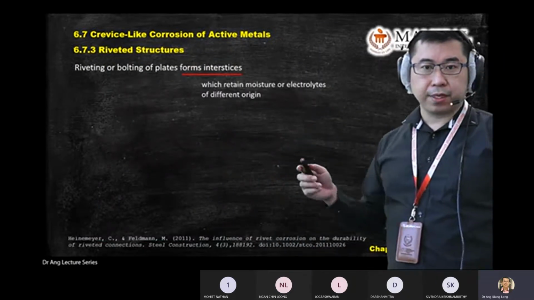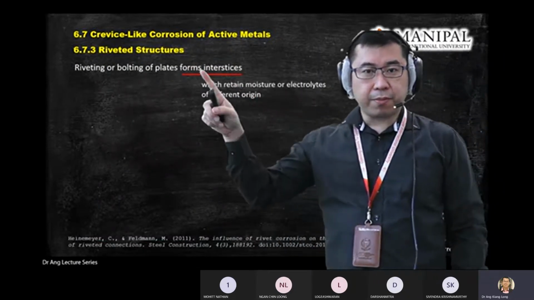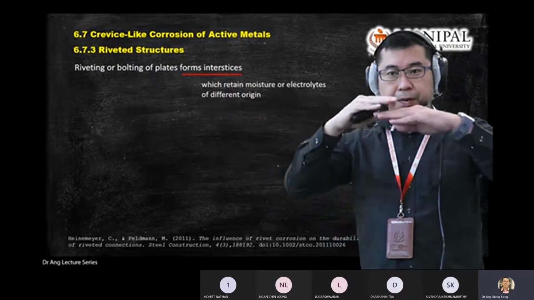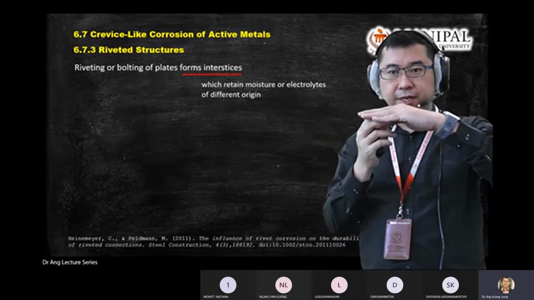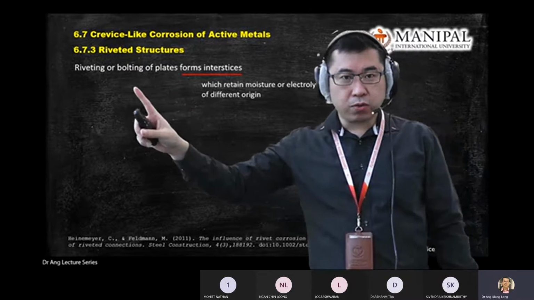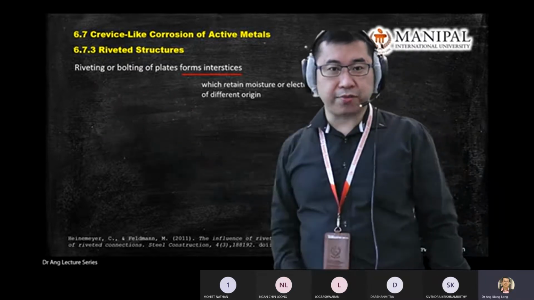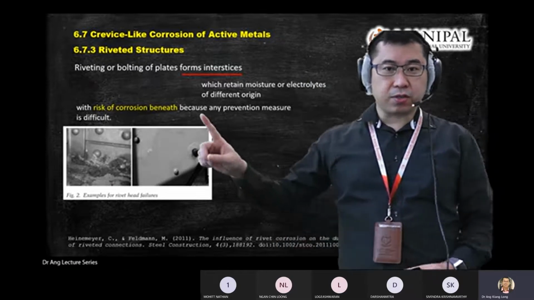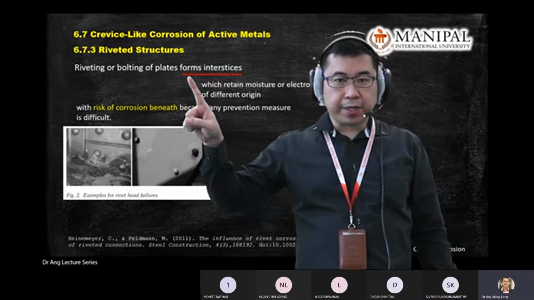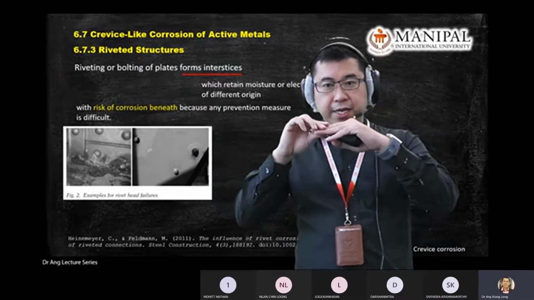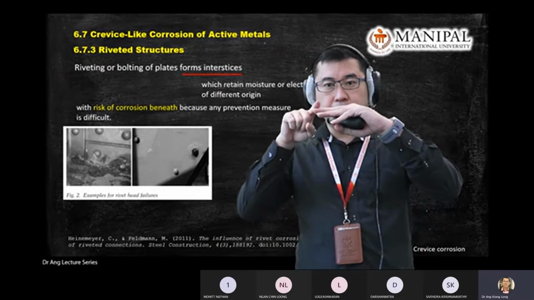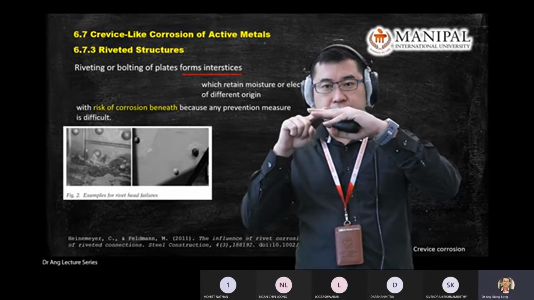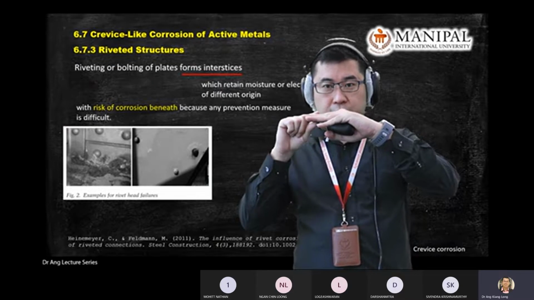Okay, so a rivet can form a hole or gap between the plates and the rivet itself. By now you should know what a rivet is. When you rivet something, there's a gap between the board and the metals that you want to join together.